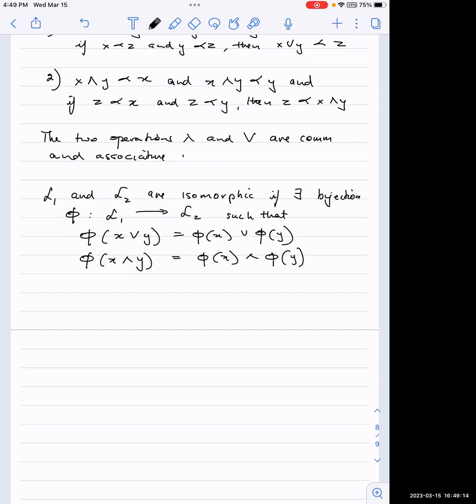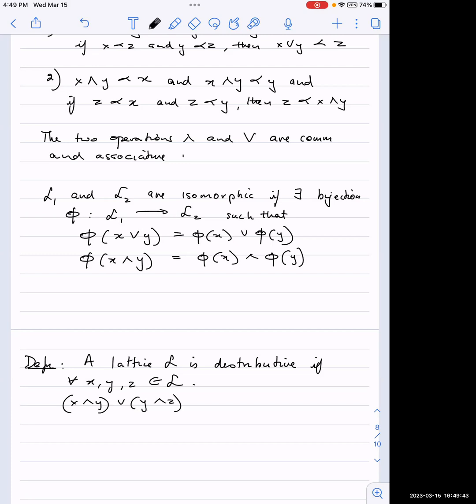So from this approach, we didn't have a definition of distributive lattices earlier. Now we do. A lattice L is distributive if for every X, Y, Z in L, X and Y or Y and Z or Z and X, right?